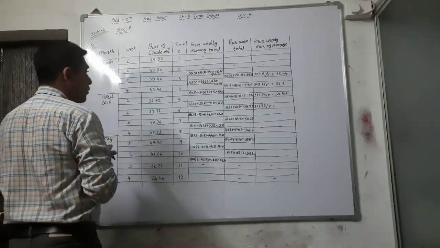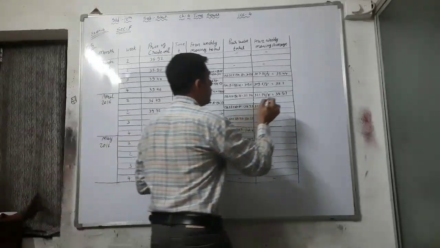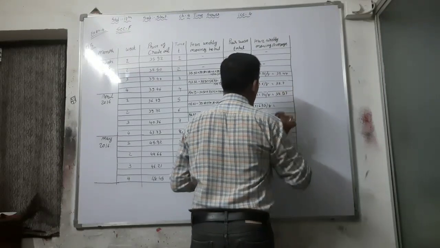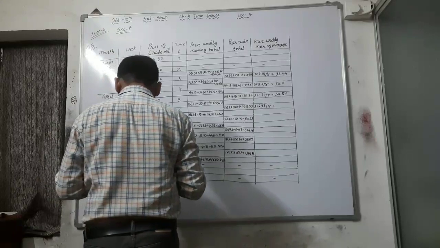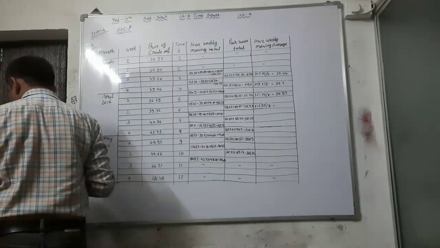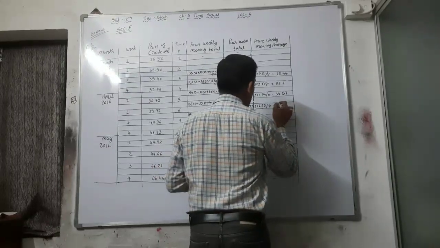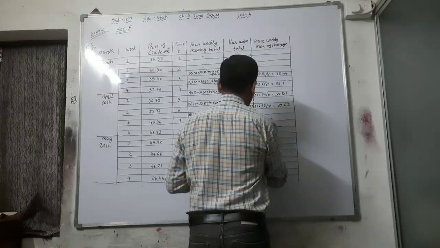Here it is not 57, it is 97. 38.97, 316.93 divided by 8, it is 39.62. 61625, that is 62. 39.62.